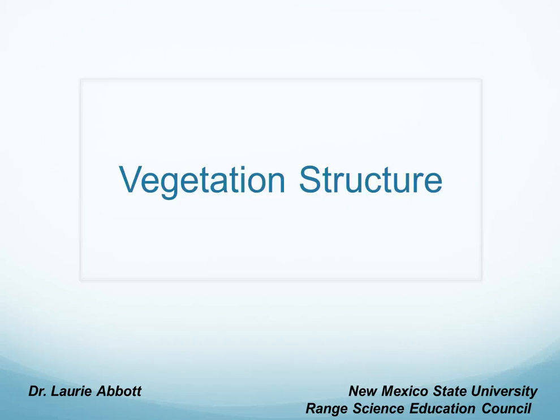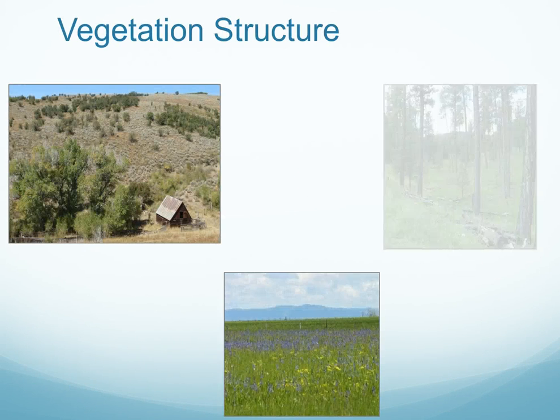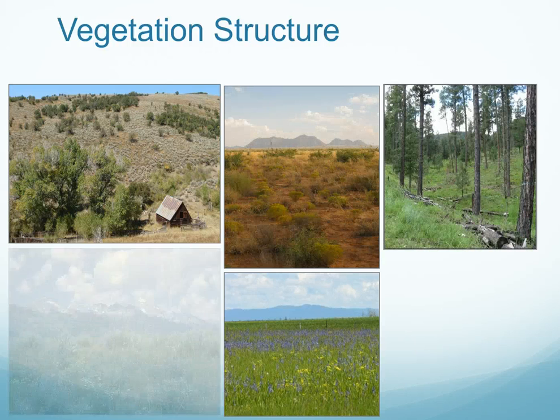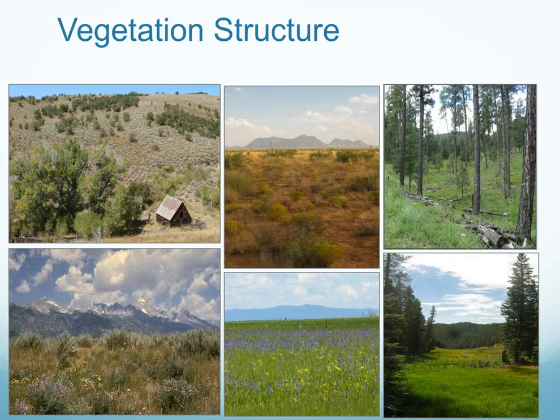Vegetation structure. When we describe a site, we often begin by describing what the vegetation looks like. We use terms such as open woodland or sagebrush steppe, mountain meadows, or tallgrass prairie.